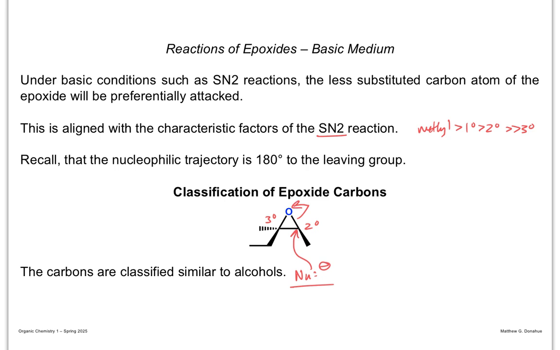So the alcohol now is going to end up on carbon 3. So that produces a tertiary alcohol for that substrate.